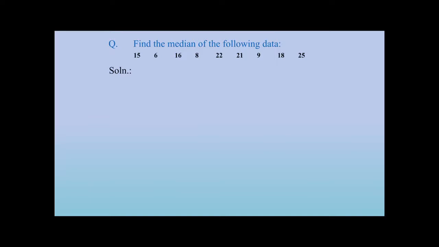Arranging the data in ascending order, we have the first number as 6, followed by 8, then 9, 15, 16, 18, 21, 22, and the last number 25. Now if you count these data, we have 9, that is an odd number of observations.